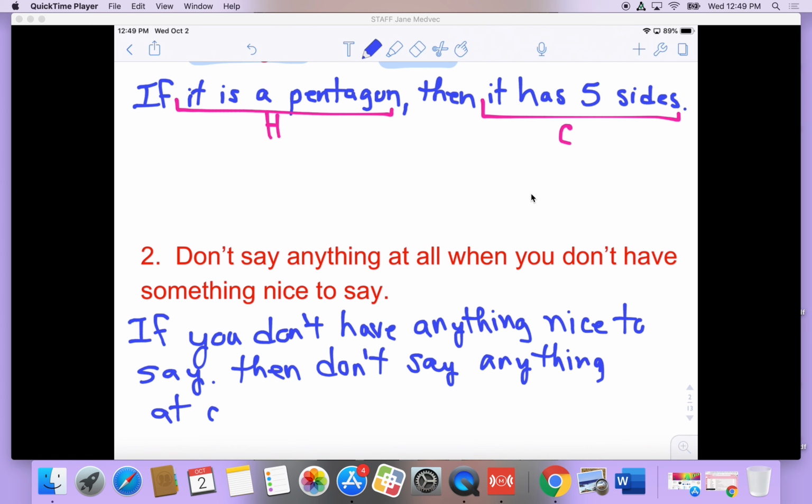And so this was kind of a crazy one because you have to take a look at what it really is saying. It says don't say anything at all, but first you have to think, if you don't have anything nice to say. We okay? Questions? Excellent. All right, let's keep going.